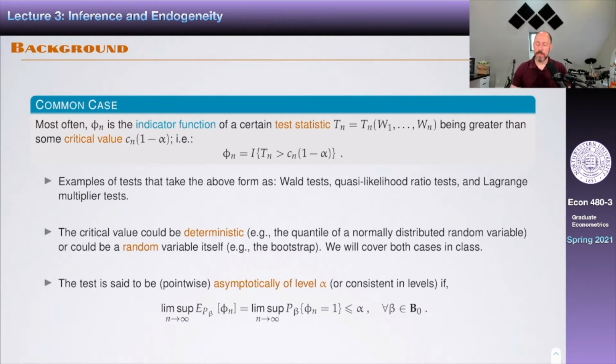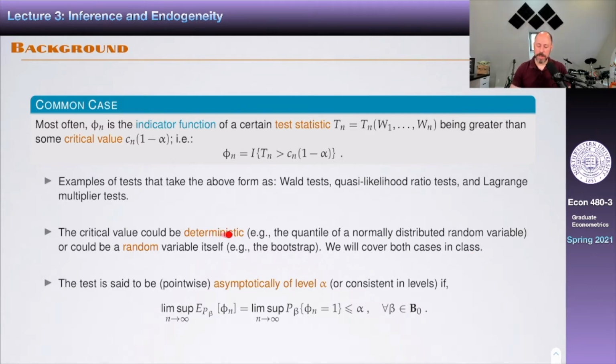We're also going to talk about, as I said, randomization tests and subsampling. All these are resampling methods that give you a critical value that happens to be random. That means that every time you run the algorithm, you're going to get a different cutoff. We'll cover both of these cases in class, again because I'm trying to do the basic inference stuff.